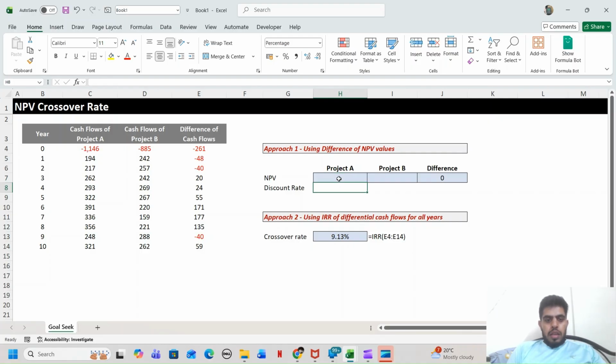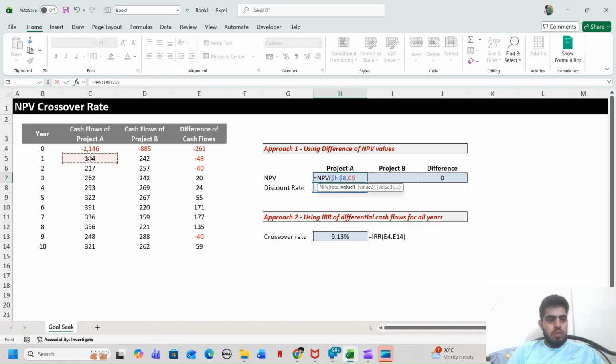So we are taking a hypothetical situation, the ideal discount rate is 10, and based on that discount rate we will compute the NPV of the first project. So the formula of NPV is we need to select the rate. We can freeze it because we will apply the same rate to project B also.